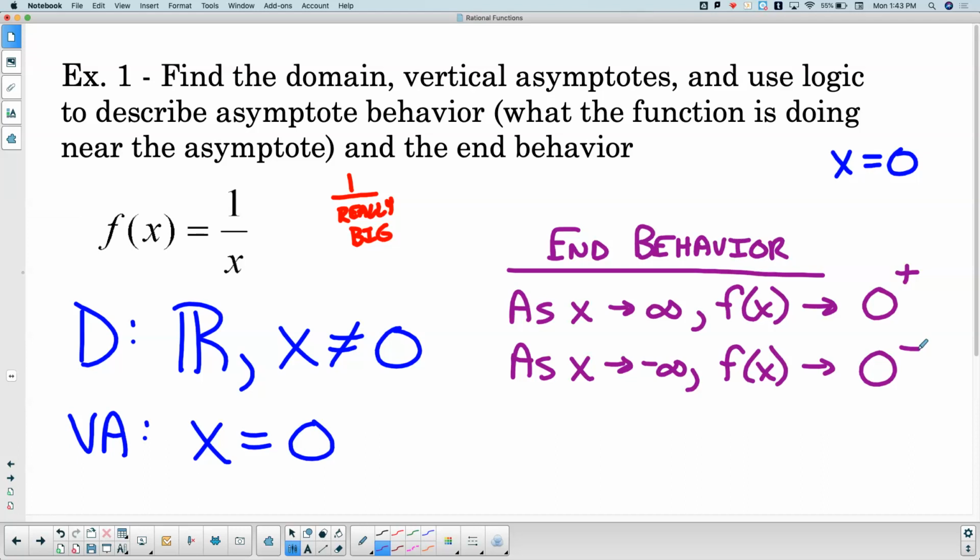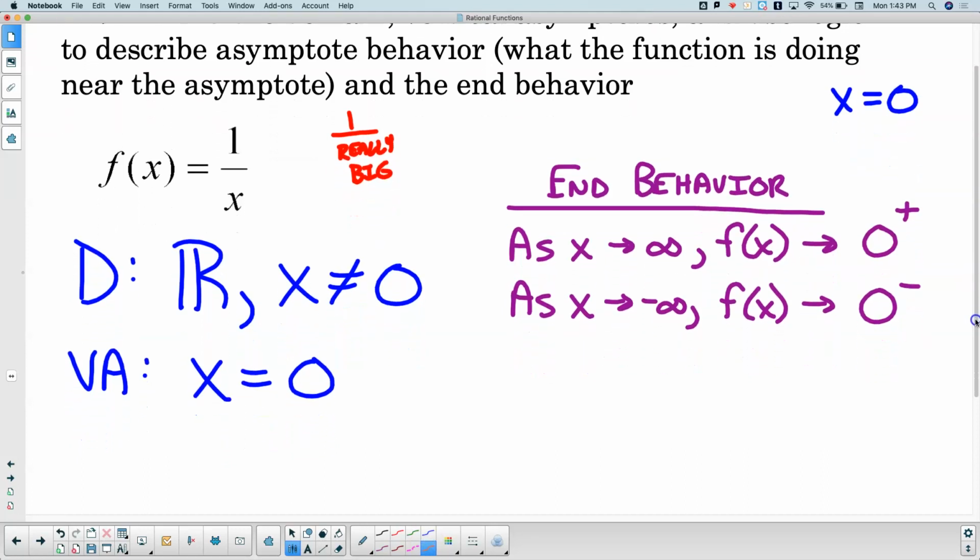So that's end behavior: what the function is doing on the left and right side of my graph. Now, we've got asymptotal behavior. That's the new one for today.